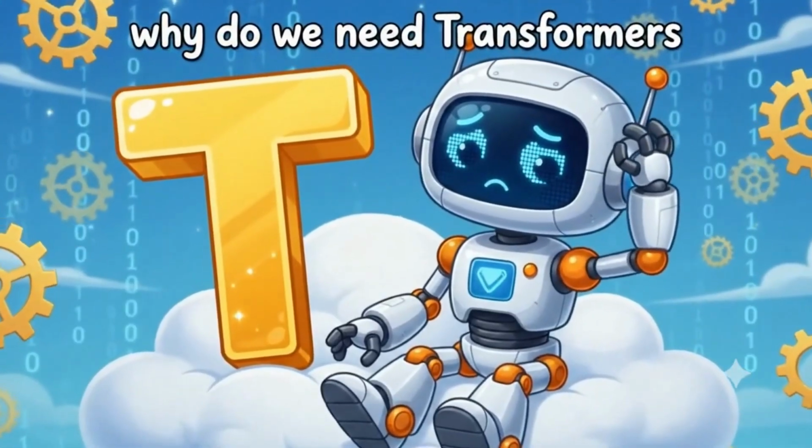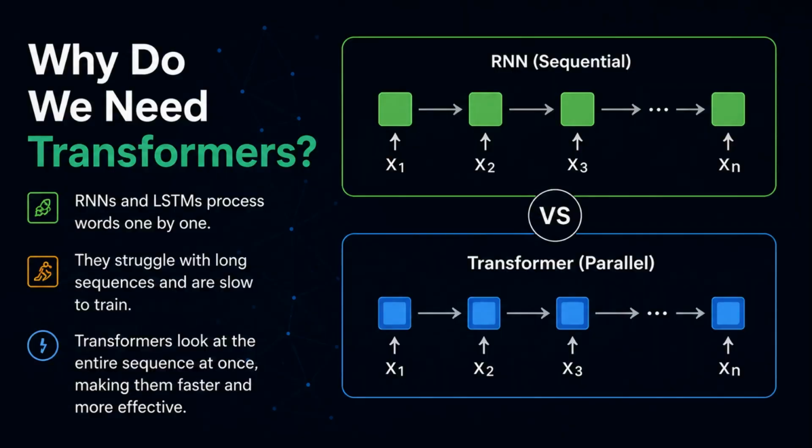Why do we need transformers? Before transformers, researchers mainly used RNN networks and LSTMs. These models processed words one by one. Imagine you are reading a book. You read the first word, then the second, then the third, until you reach the last word, correct? That's exactly how an RNN works.